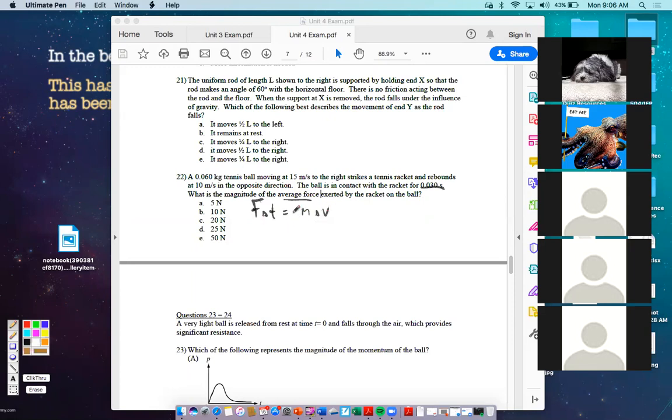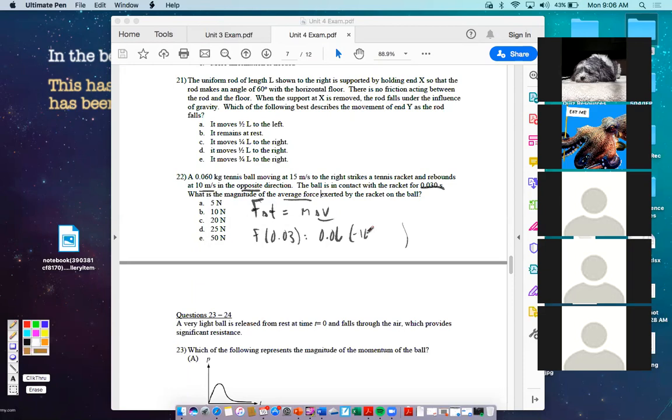Please, please, please be careful with the sign. So F times 0.03 is going to equal 0.06. That's the mass, times delta V, which is final velocity minus initial velocity. So its final velocity is 10 in the opposite direction of how it was moving originally.